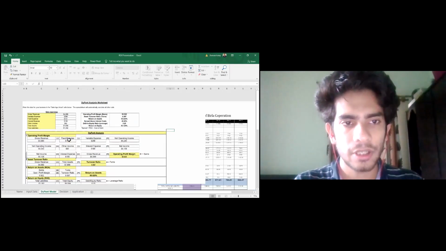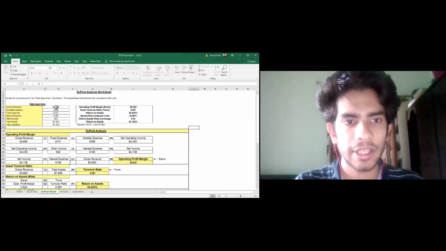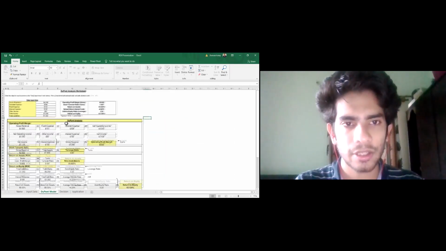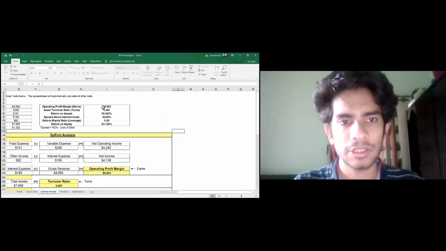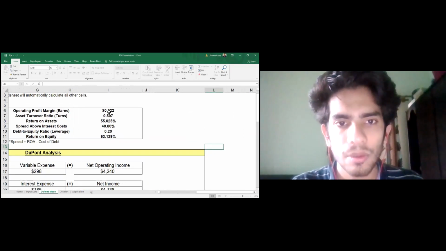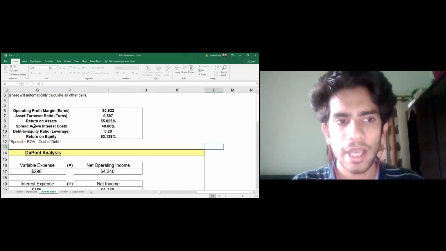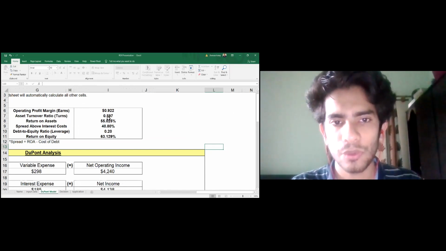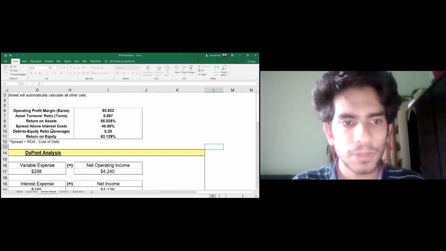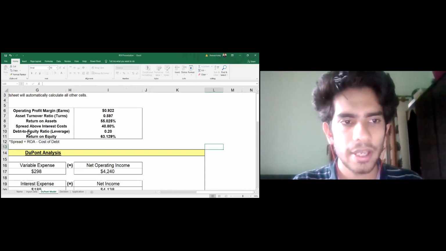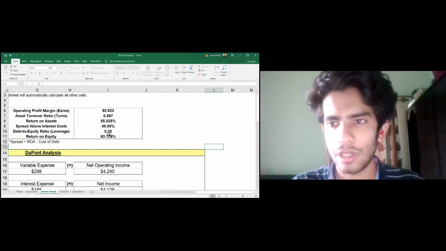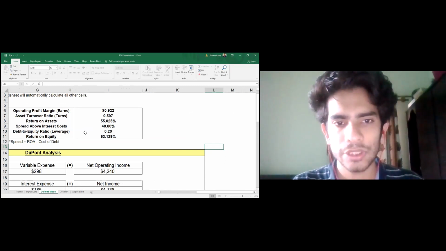So after we alter the amounts, we can get the ratios: operating profit margin as 0.922, asset turnover ratio is 0.5, return on assets 55.025, spread above interest cost is 40.80%, debt to equity ratio is 0.2, and return on equity 63.129.